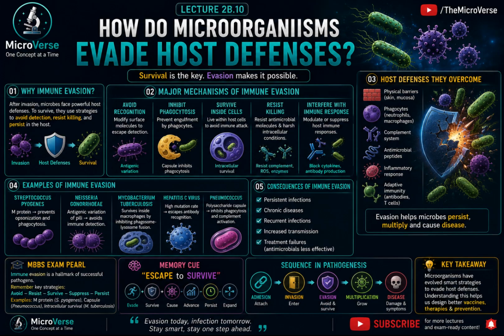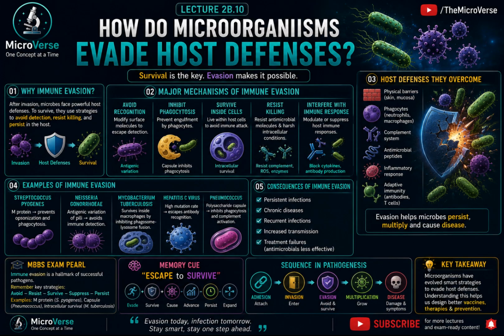Microorganisms can interfere with complement at different stages. They may prevent effective complement deposition, degrade or interfere with complement components, recruit host complement regulatory proteins, or modify their surface to become less susceptible to complement attack. Again, the objective is the same: avoid elimination and remain viable within the host.